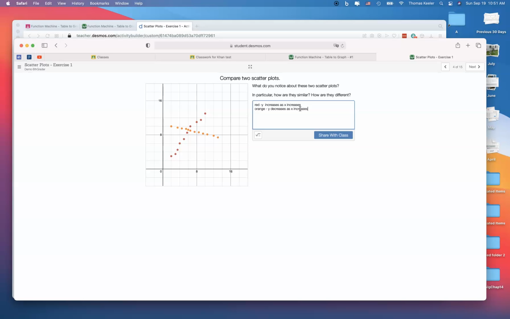What else we notice is orange is not as steep, so it has a negative but fairly shallow slope, whereas red has a positive, steep slope.